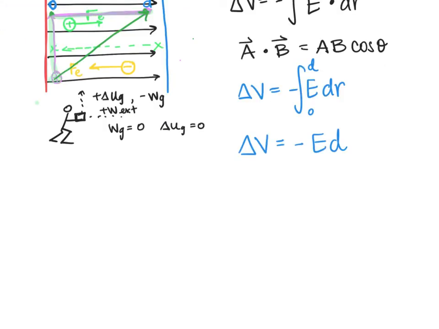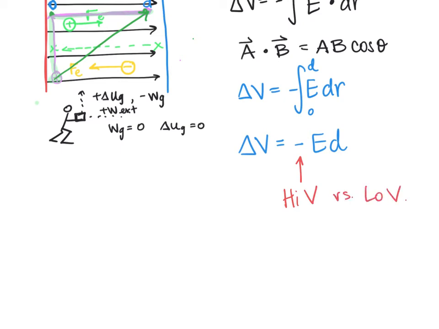Now let's talk about this negative sign here for a minute. The negative sign is important because it helps us to define where we have high electric potential, so high V versus low V.